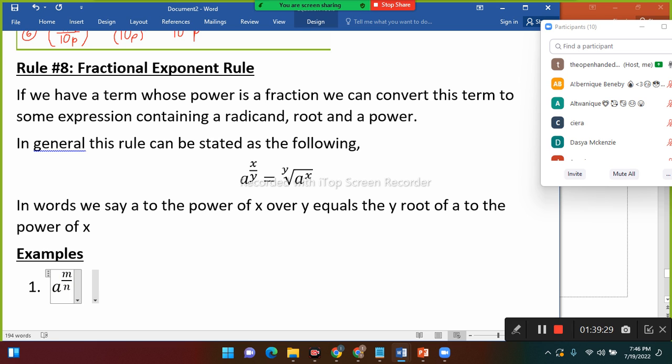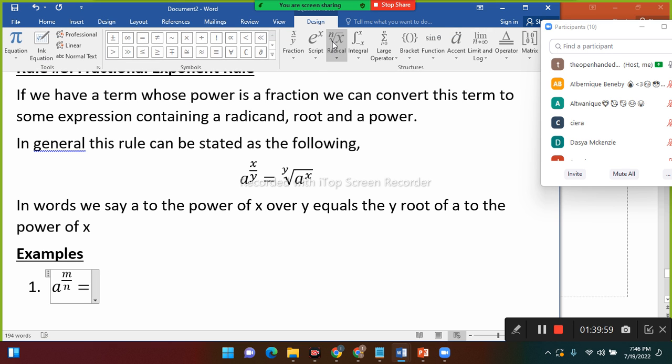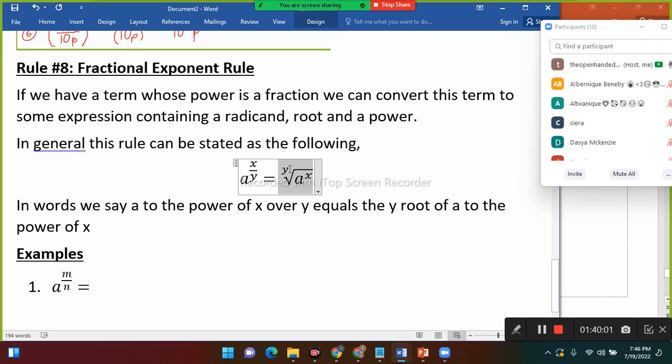So tell me, Miss Albany, how can I write this? Okay, so I would say a to the power of m over n equals the nth root of the power of m. Very good. The nth root. Very good. You all learn pretty quick.